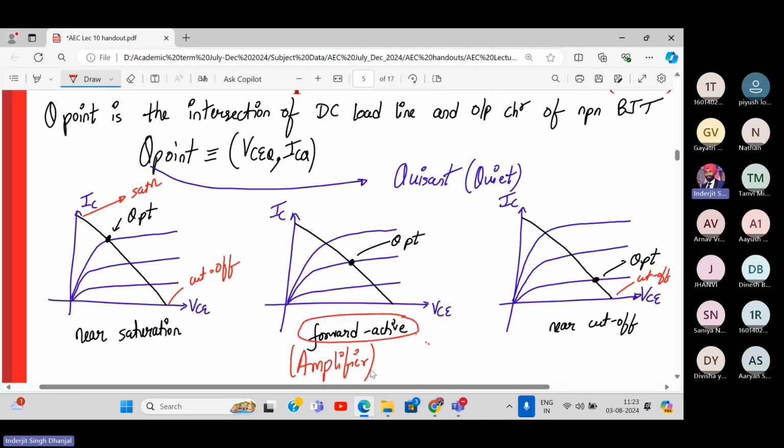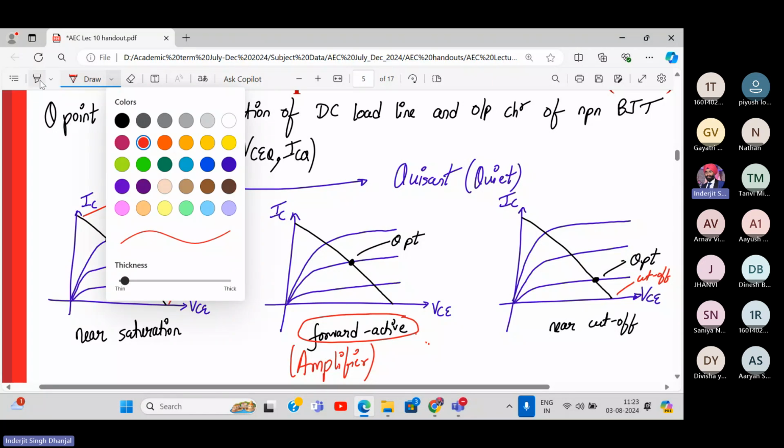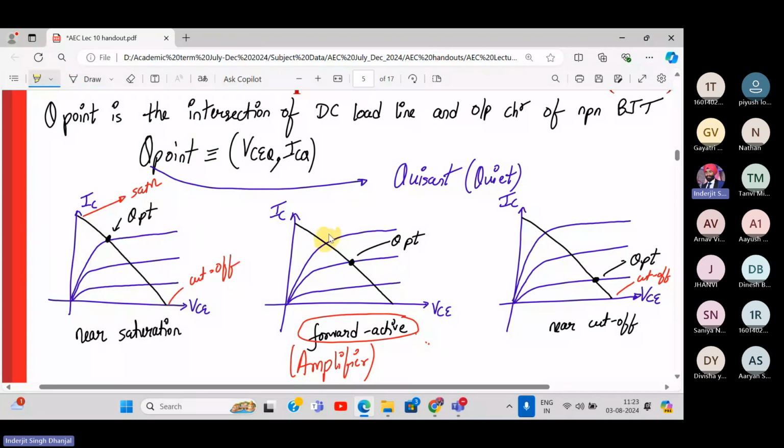Then only faithful amplification will happen. So your operating point should be in this area only. If it is closer to saturation, it will be near saturation. This portion is forward active and closer to this will be closer to cutoff.